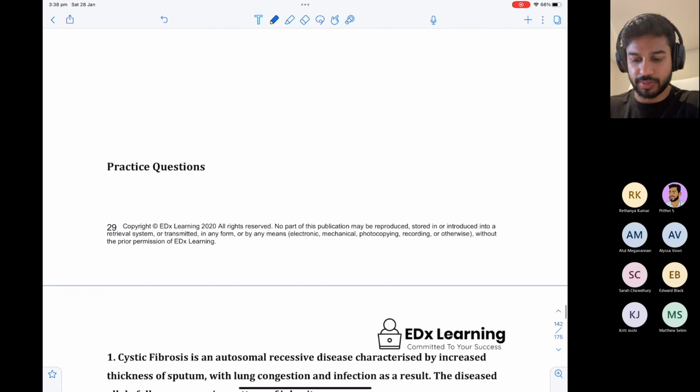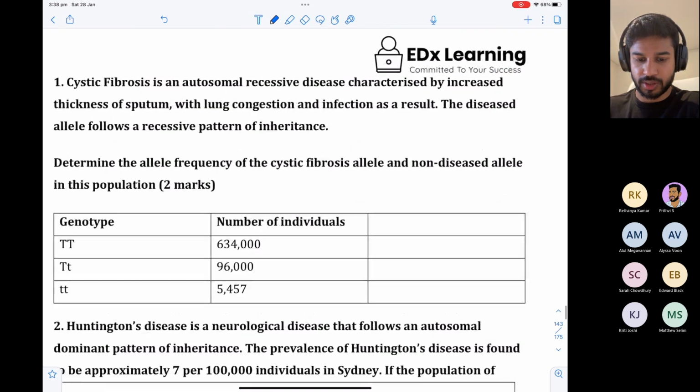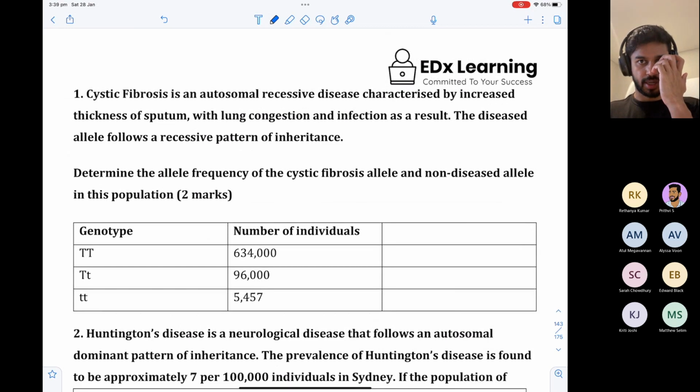So for the rest of us, let me take us through an exam question. Okay. Question 1. I'm going to throw us kind of in the deep end. Okay. Have a read of this question first.